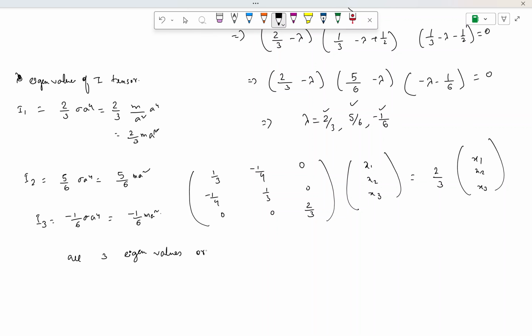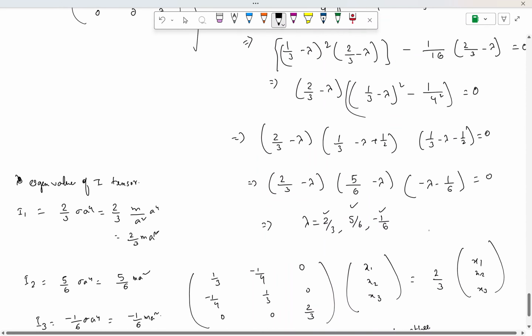All 3 principal moments of inertia are different from each other, and this indicates that your mass distribution with respect to the given origin is not symmetric. Anyway, you could figure that out by looking at the diagram as well.